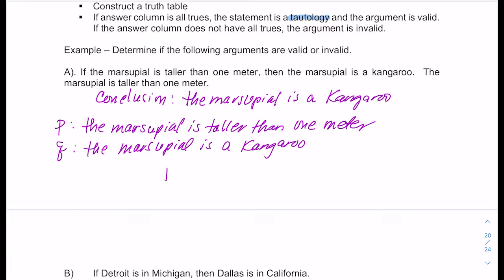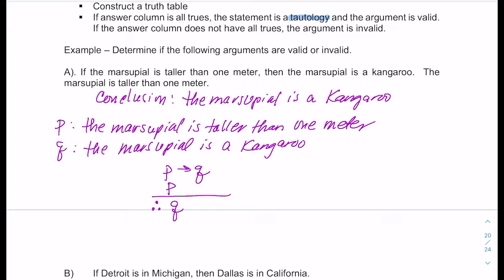So this says, if P, then Q. What occurred? The marsupial is taller than 1 meter. That would be P. So if P, then Q, and P follows. Therefore, Q should follow, and Q is our conclusion: the marsupial is a kangaroo.